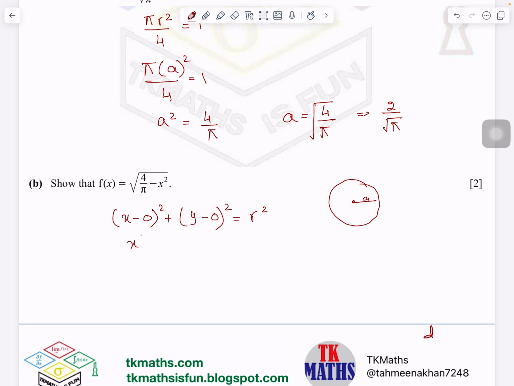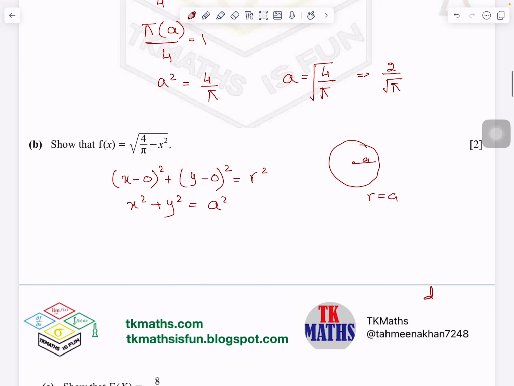So it will become x square plus y square is equal to A square because radius is equal to A. And after that you will make y a subject because f of x means y is equal to, right, value of y. So y is equal to A square minus x square. And what is the A square? A square is equal to 4 over pi. We have calculated from part 1.